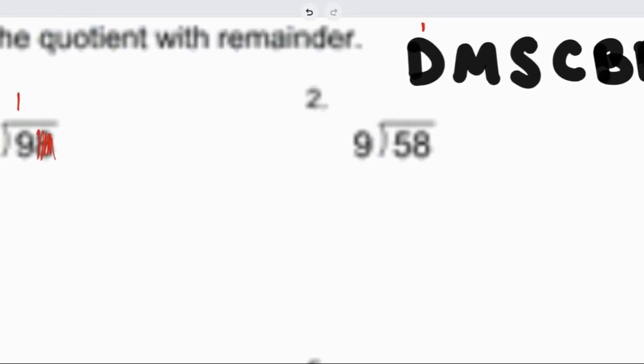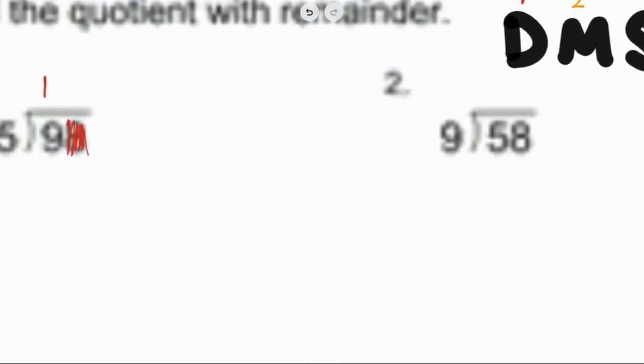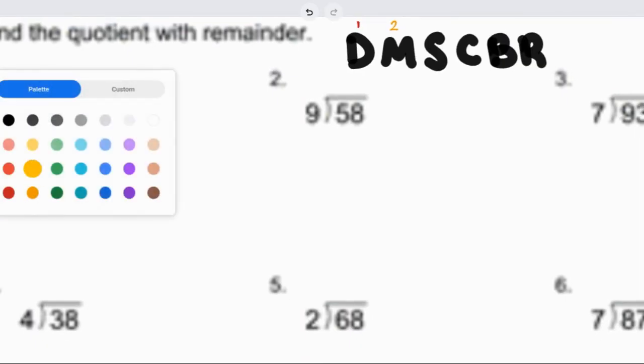The next step is M, and M here means to multiply. So we're going to be multiplying 5 times 1. And 5 times 1 is just, see if you can answer that. If you answered 5, then you're correct. And that would be the answer you put right there underneath that place value.